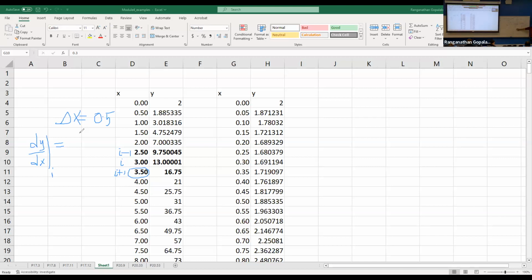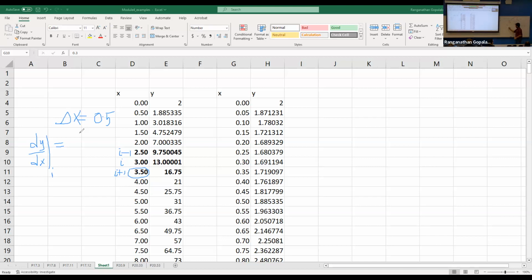You're with me so far? Now I want to know not only the next point, I also want to involve the previous point. This is xi, this is xi plus delta x, and this is xi minus delta x. This is backward, so the step is negative, taking a backward step.